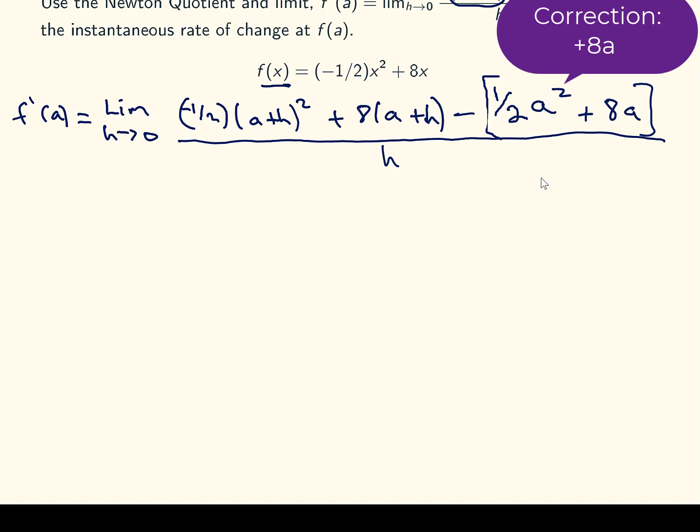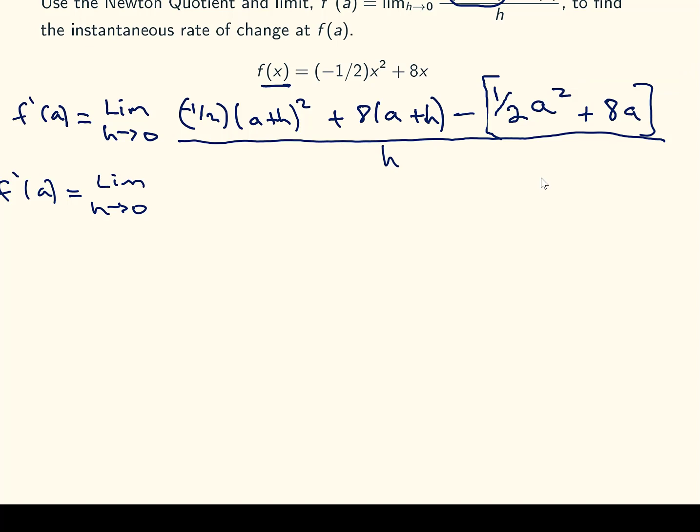Now I'm going to go ahead and rewrite this and start simplifying. I've got f prime a equals the limit as h approaches 0.